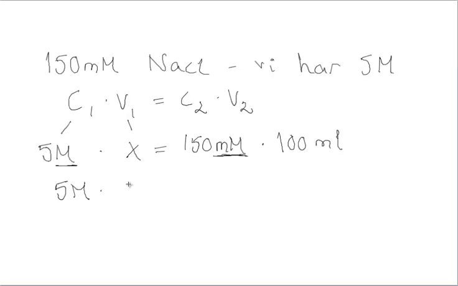So 5 molar times X equals, if we put 150 millimolar to molar, it will be 0.15 molar times 100 milliliter.